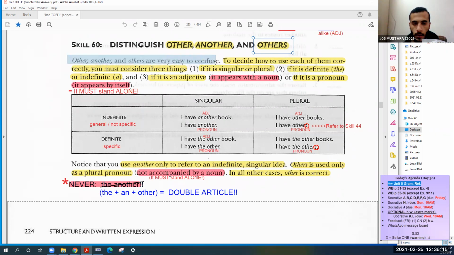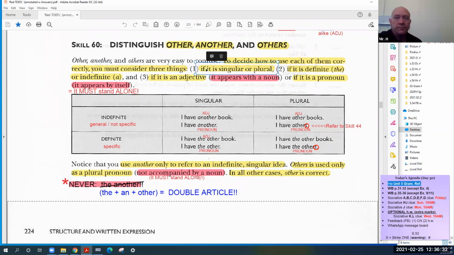Other, another, and others are very easy to confuse. To decide how to use each of them correctly, you must consider three things. First thing, number one: if it is singular or plural. Okay, stop.